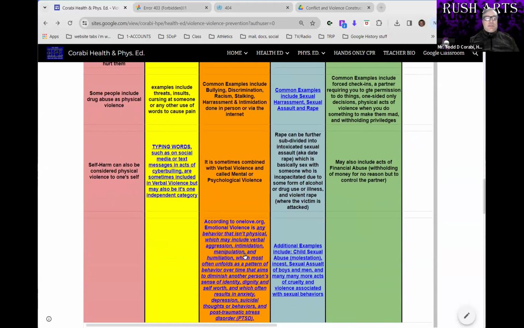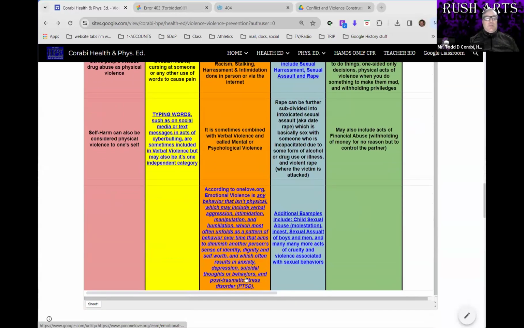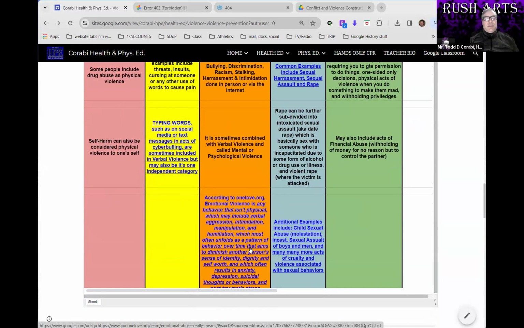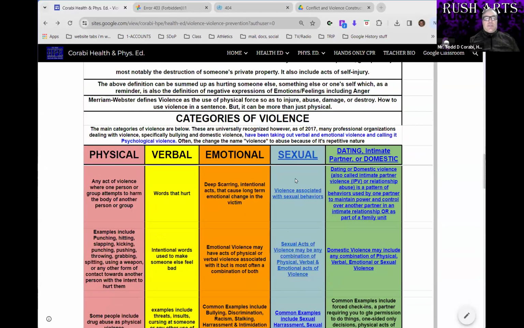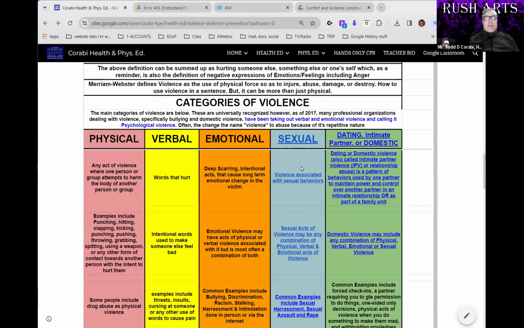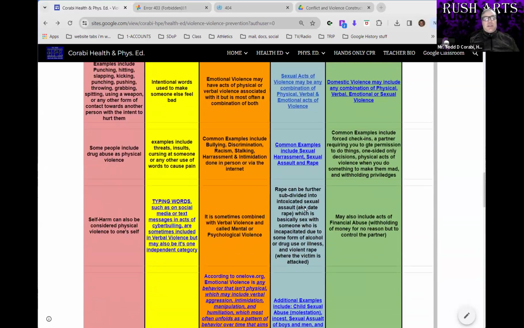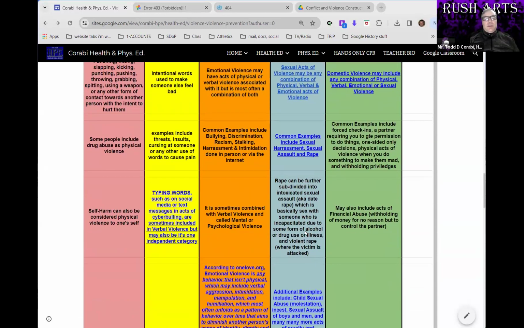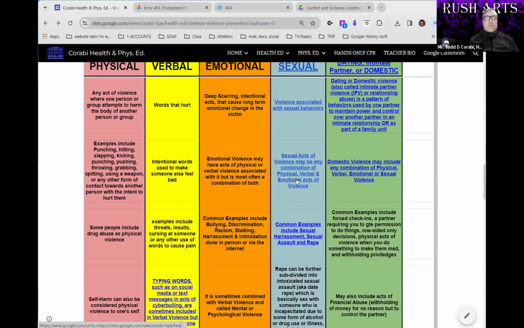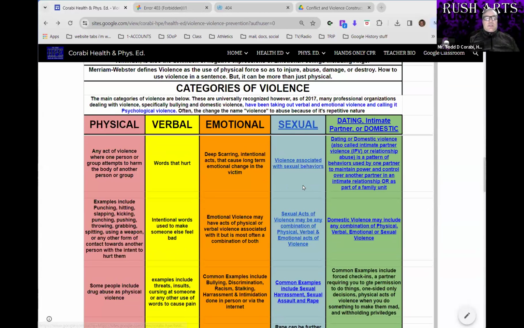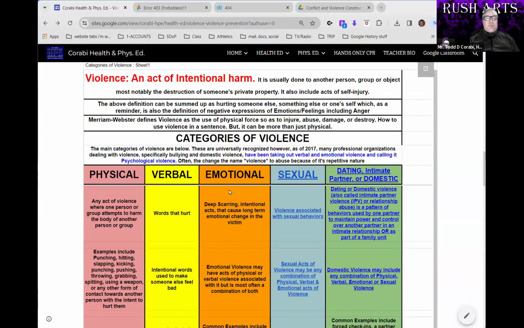There are also some links down there about how emotional acts of violence and harassment can cause PTSD and things like that. The fourth category of violence is, of course, sexual. This is not the sexual violence topic today; we'll talk about that in the sexual health unit. But you can see that's sexual harassment, sexual assault, or rape. That's sexual violence, which can be physical, verbal, and emotional all at the same time.